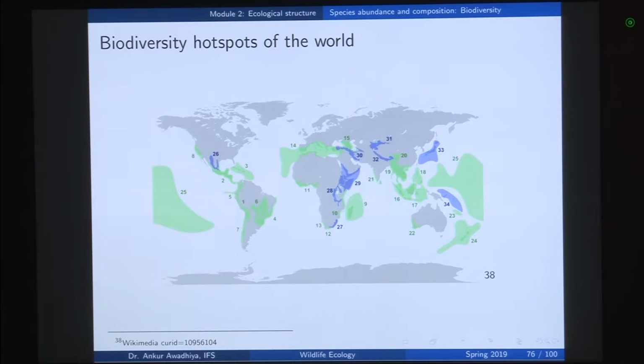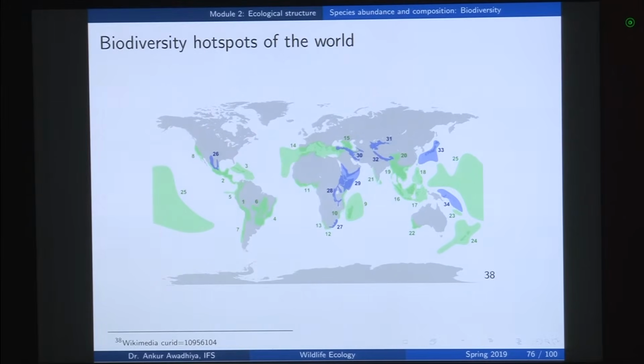Now, if we look at this map, these are the locations with a high degree of species richness. Now, a question arises, why are there some regions that have a high degree of species richness, and why are there some locations on the earth that have a low amount of species richness?